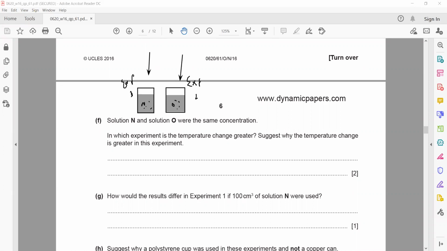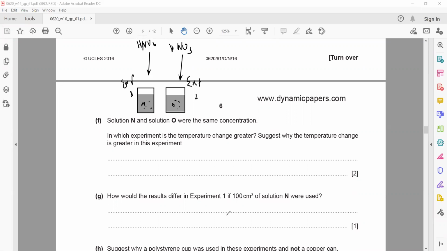A possible reason. What could be the reason if you are adding an equal amount of nitric acid, 5 cm cube every time, and you observe a temperature change, but when you are adding nitric acid to experiment 1, you observe a greater change in temperature compared to experiment 2.